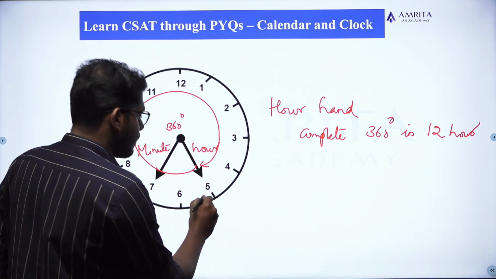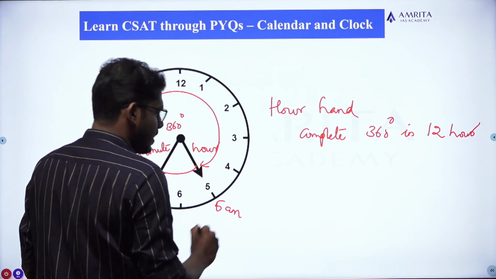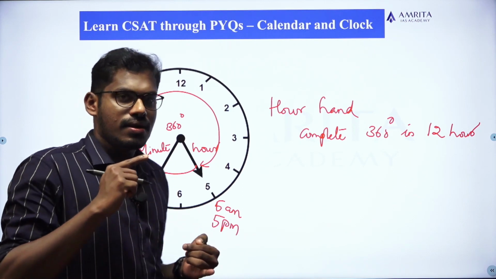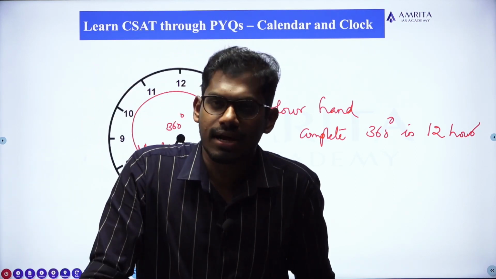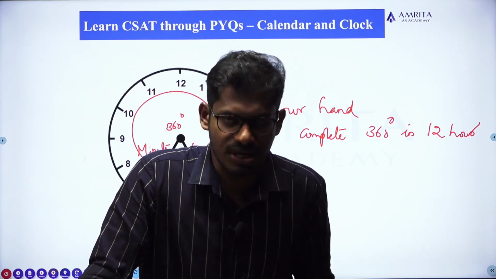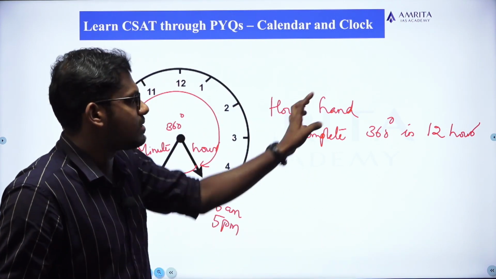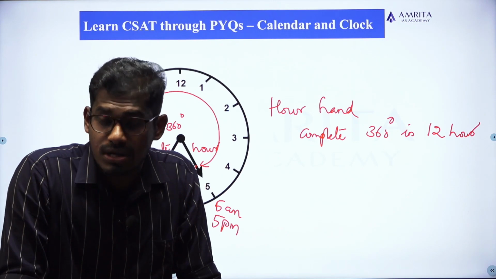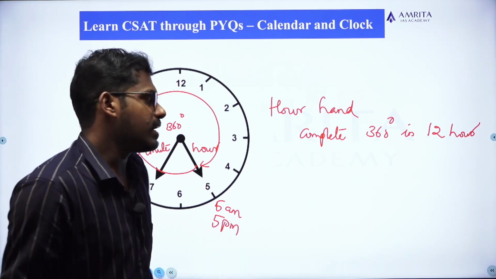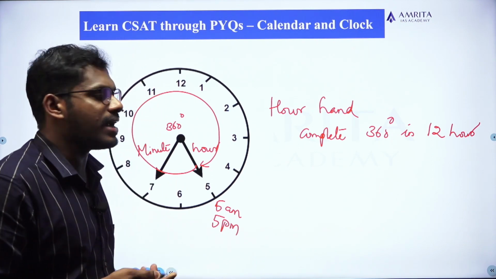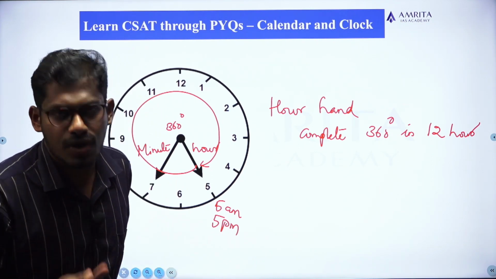That means if it is 5 AM, when it becomes 5 PM, the hour hand has already made a revolution of 360 degree. Clear? So we have to find the angle made in 1 hour and in 1 minute.